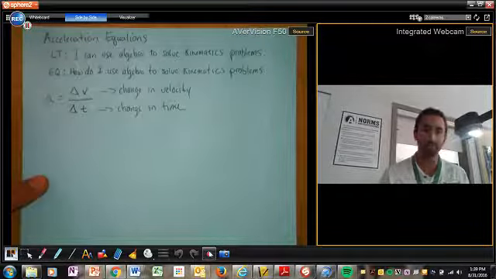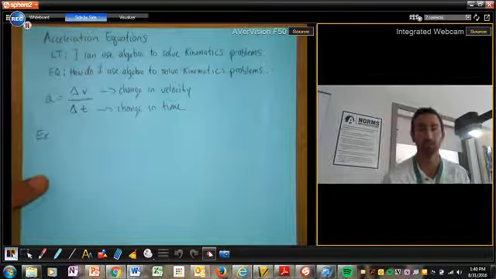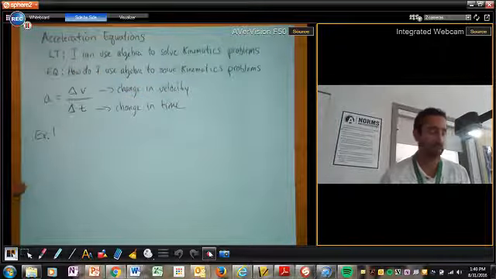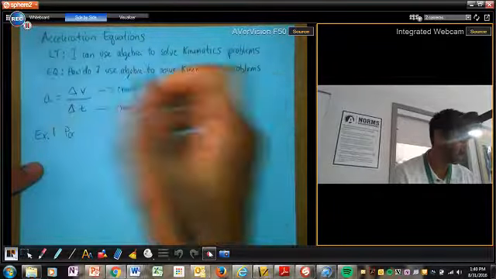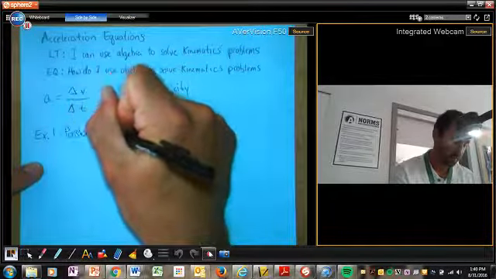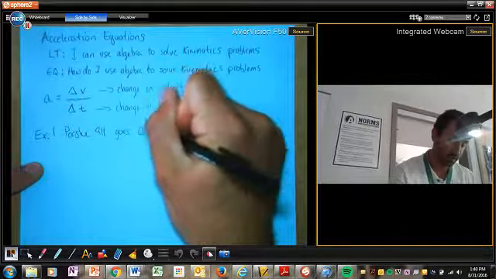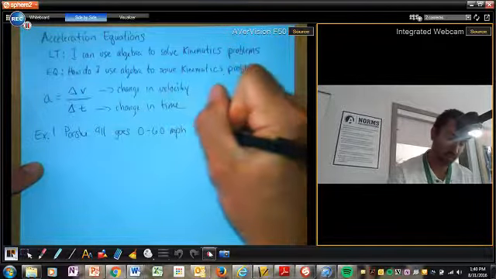So let's think about an example problem. We're going to do a fair amount of examples today, so this will be example 1. We're going to use a real-world example. Last time we used a Porsche as an example. Let's say a Porsche 911 goes 0 to 60 miles per hour in 3 seconds.